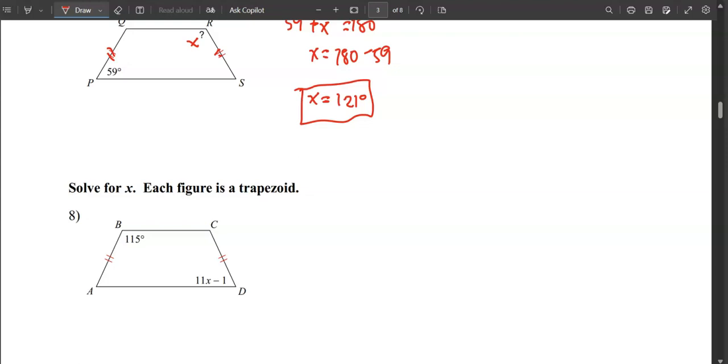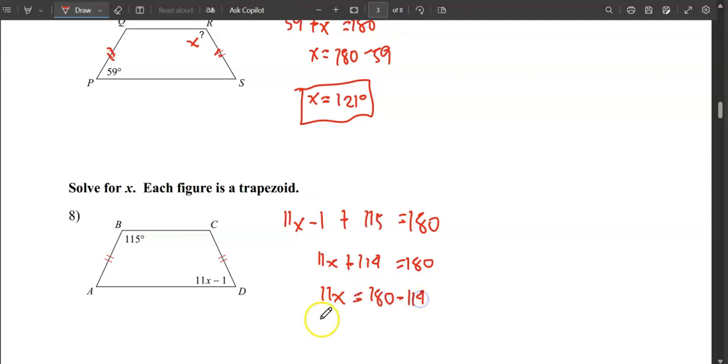So the same concept is being applied here. Solve for x. So we know that they are equal to 180. So we have 11x minus 1 plus 115 equals 180. So this will give us 11x plus 114 equals 180, and then 11x equals 180 minus 114.